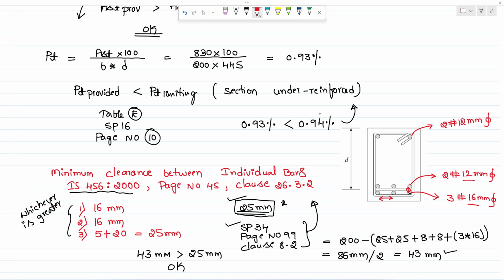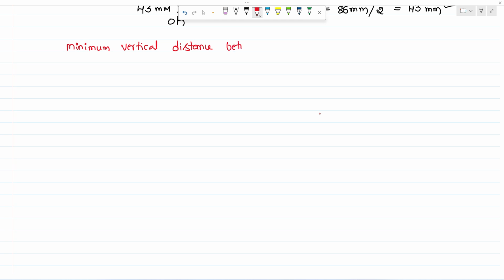Now you need to check the vertical distance between the bars. So second check will be minimum vertical distance between bars.